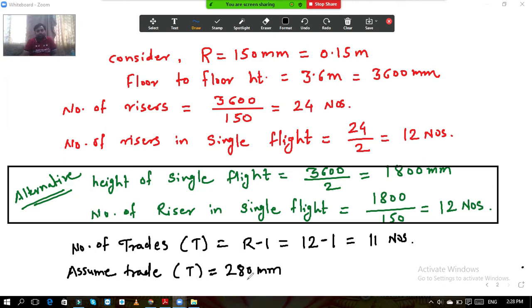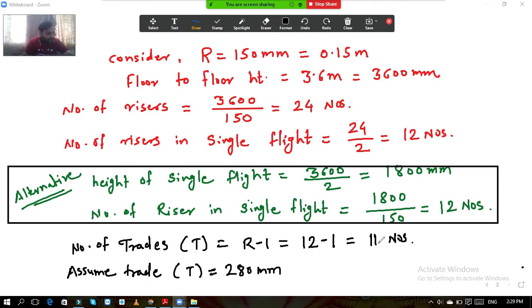Now we have assumed 280 mm a single tread, and how many treads are there? 11. Number of required treads are 11 in a single flight. In a single flight the number of risers are 12, so the number of treads required are 11.